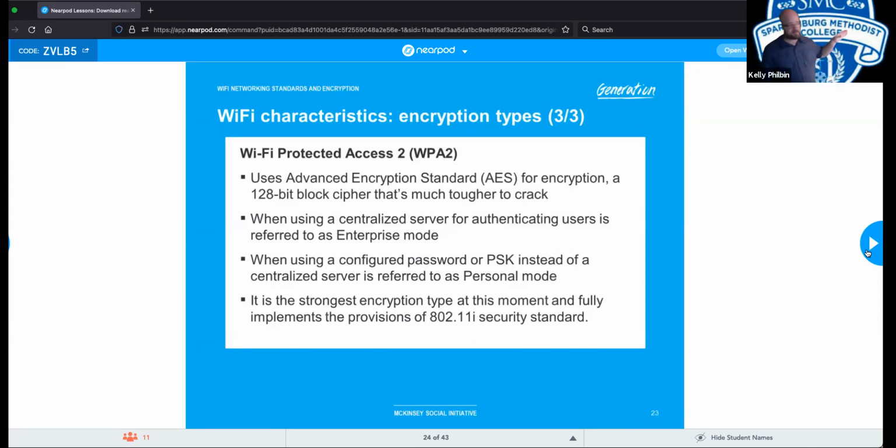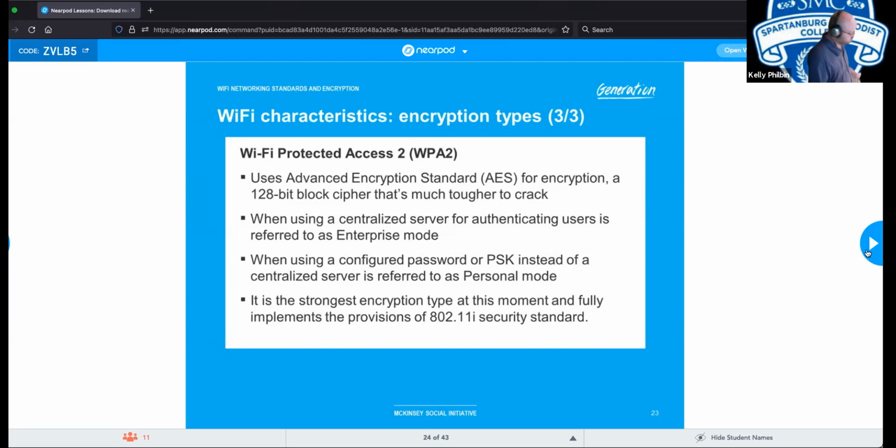Remember, WPA1 uses TKIP. WEP uses basically a static key. So the Advanced Encryption Standard uses a 128-bit block cipher, which is far tougher to crack than the standard WPA with TKIP.